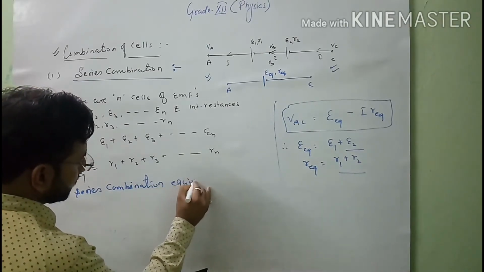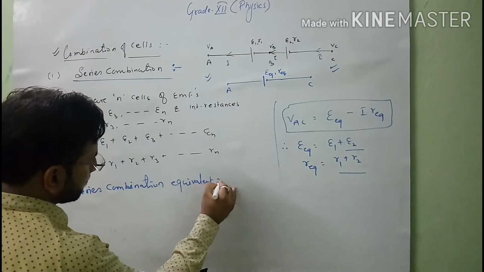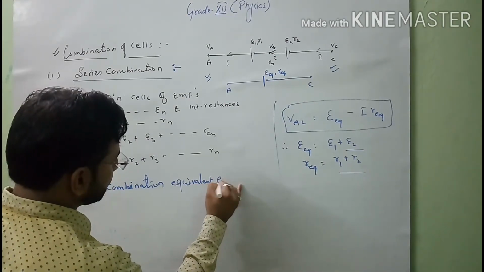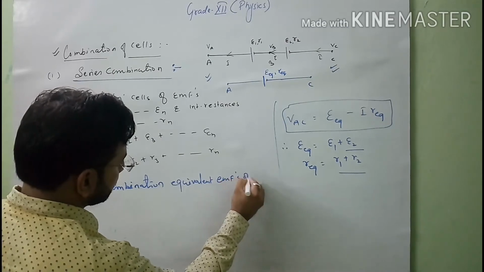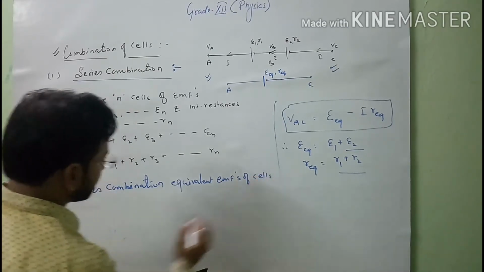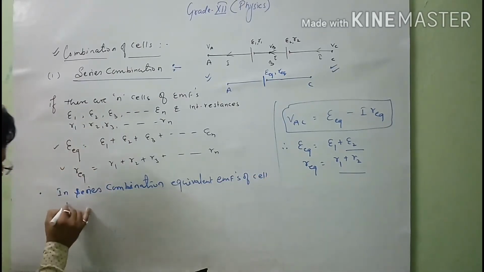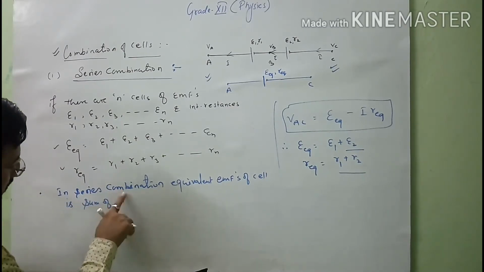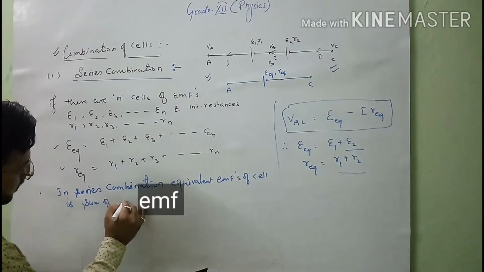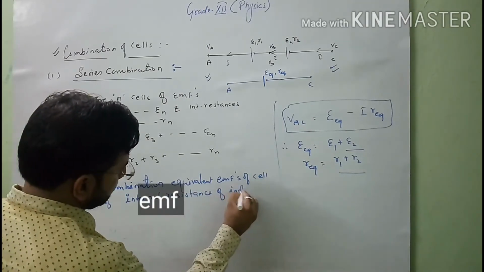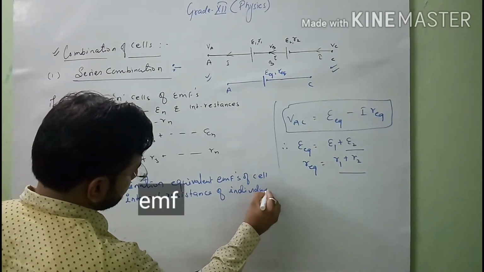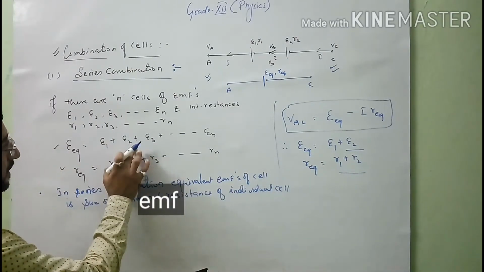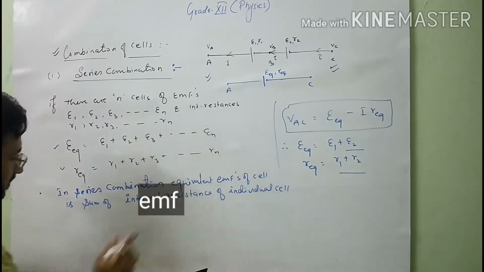The equivalent EMF of the cell is the sum of the individual cells, which is epsilon 1, epsilon 2, epsilon 3, up to epsilon n.